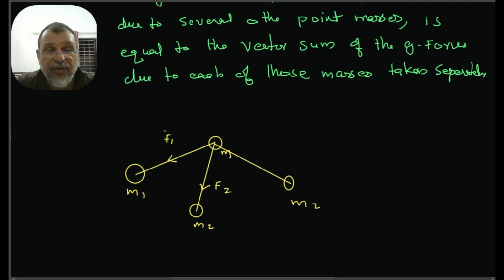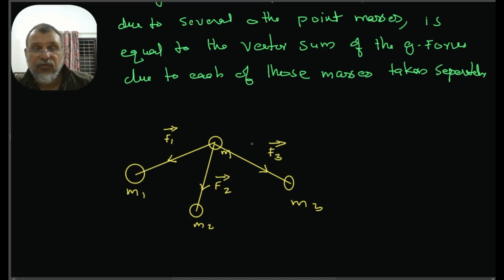Of course, these are all vector quantities, so we will put the vector sign on top. And the force on M from M3 is given by vector F3.